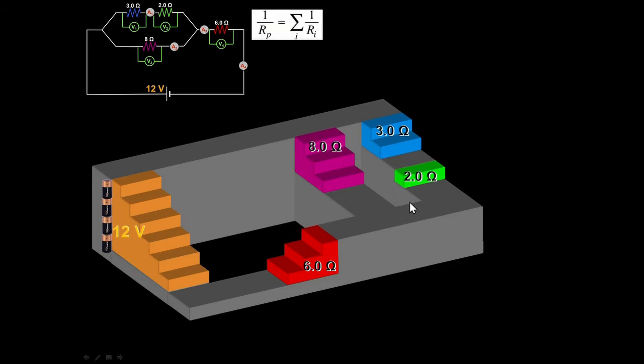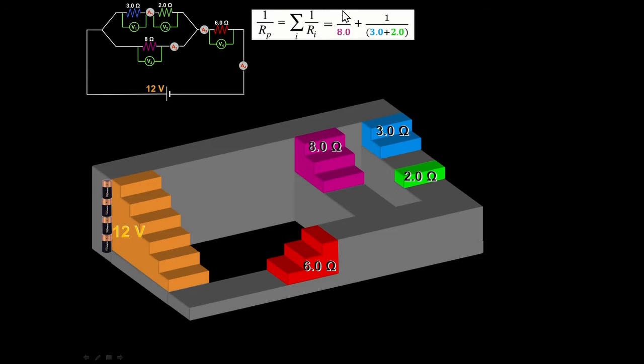Just like we did before, we found the total resistance first. That really is going to help us to solve this problem. Well, I'm going to chunk it down to say this is 3 ohms and 2 ohms in series with each other, so that has an equivalent of 5 ohms.